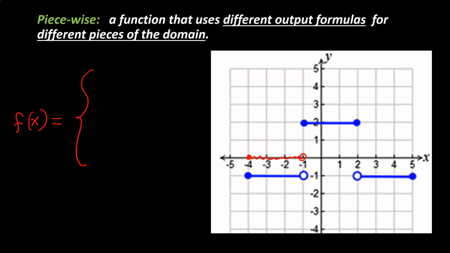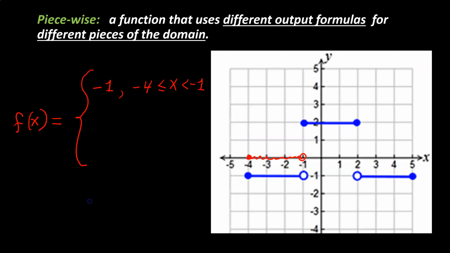The first piece here that we see goes from -4 to -1, and the function is defined as a constant function, f of x equals -1, when x is in between -4 and -1, including -4. So when x is greater than or equal to -4, but less than -1. And so that's the first piece of your function.